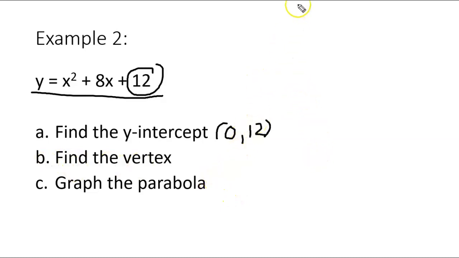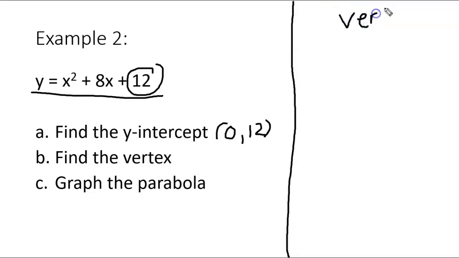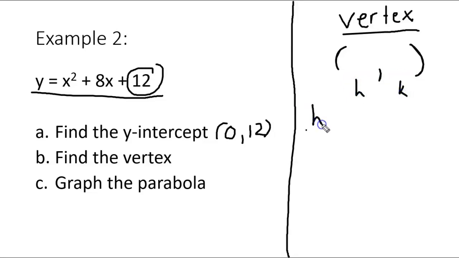To find your vertex, we have to do a little bit more work, though. It's a two-step process. The vertex consists of two values, an h and a k. So, step 1 is to find the h value.